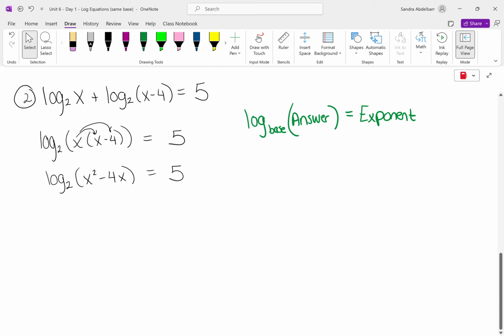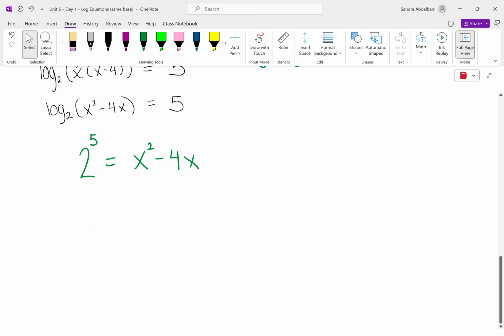So knowing that log base answer equals exponent, can we change this back into exponential? Absolutely. So what's it going to be? 2 to what power? To the 5th power is equal to x squared minus 4x. Well, what's 2 to the 5th power? 32. So now we're going to have 32 is equal to x squared minus 4x.